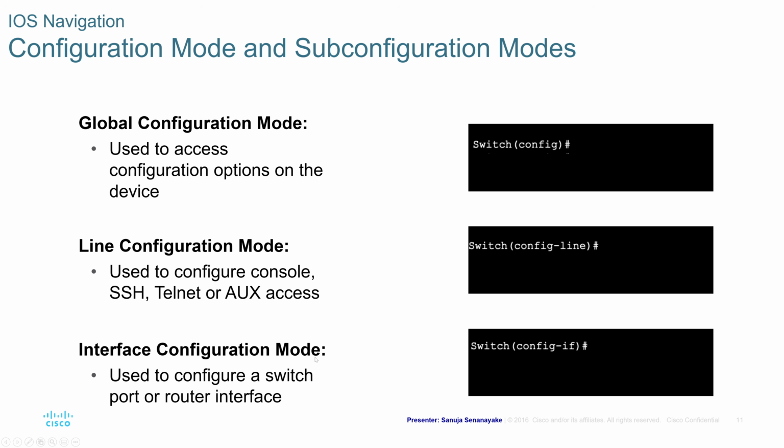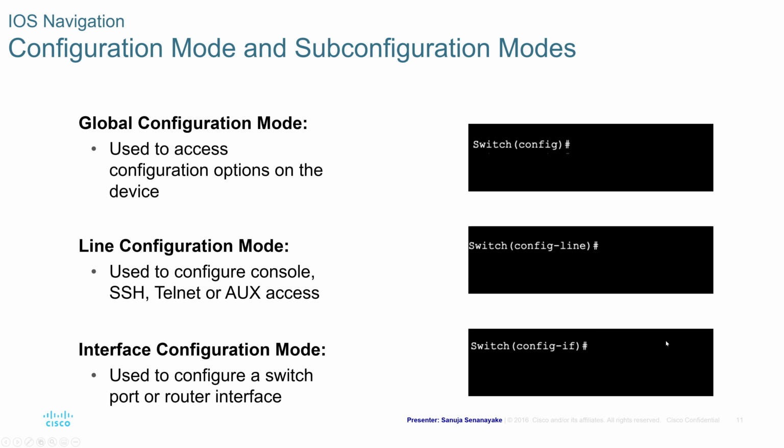The interface configuration mode will have config-if as opposed to config-line, and it is used to configure a switch or a port interface. For example, if you want to open a port, you will say no shutdown.